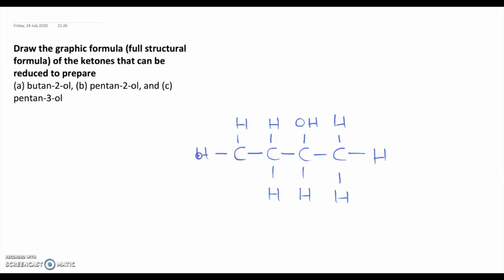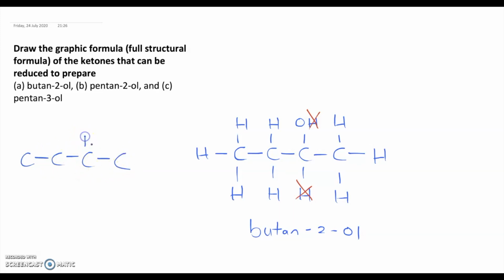I'm going to take a hydrogen away from the OH group, and I'm going to remove another hydrogen from the carbon next to the OH, and that will leave me with my ketone. So I'm going to take the hydrogen here from the OH, I'm going to take the hydrogen away from the carbon next to the OH, and I'm left with butan-2-one, which is a ketone.